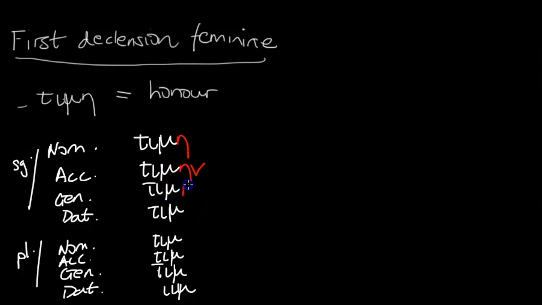Genitive is ēs, again mimicking the definite article, and dative is ē, again mimicking the definite article. And then we've got timai, timas, timōn, timais for the plural. In fact, they all correspond to the definite article, so that should be extremely easy to learn.